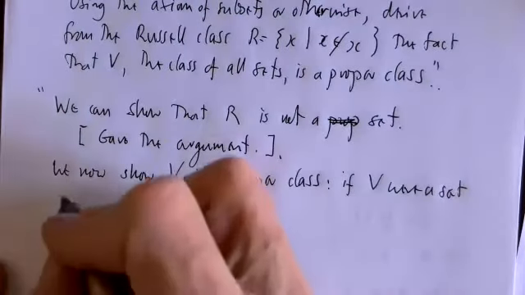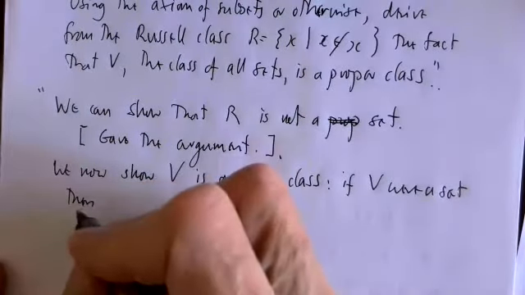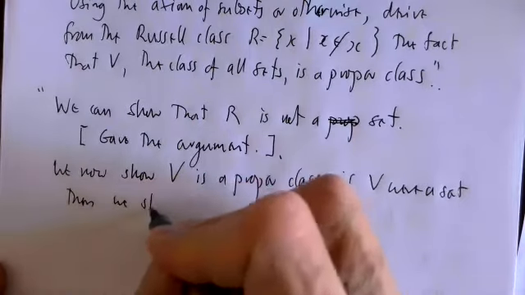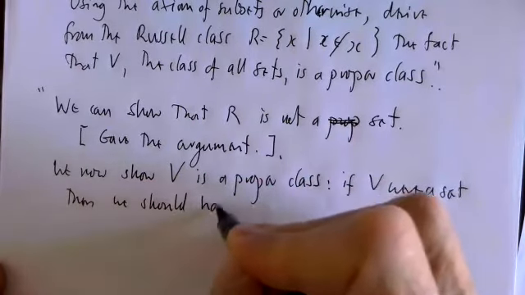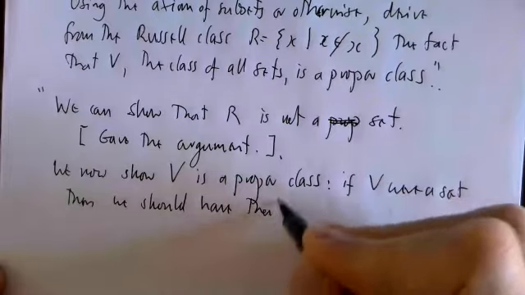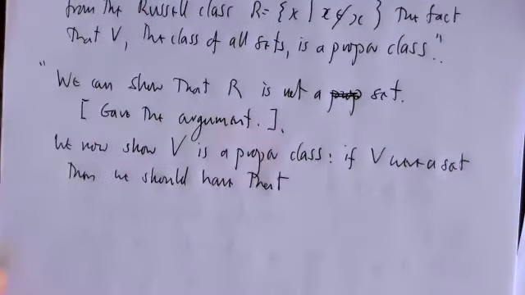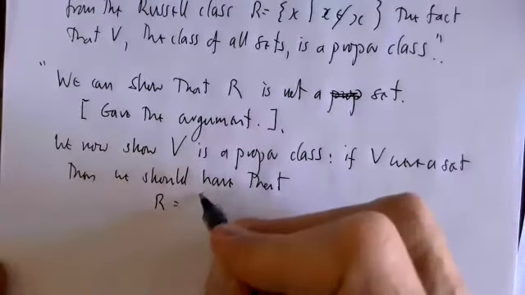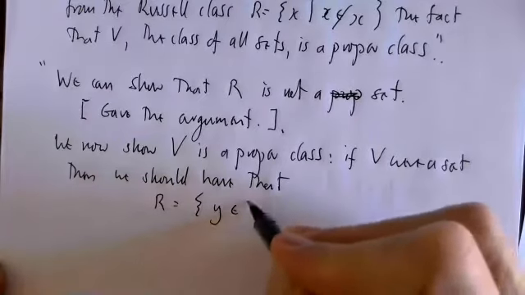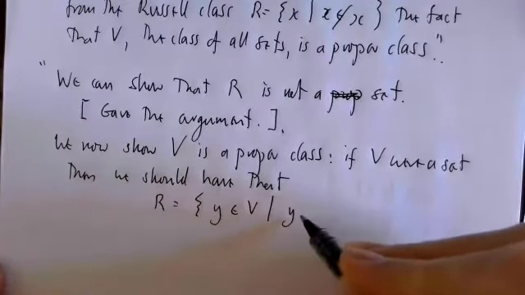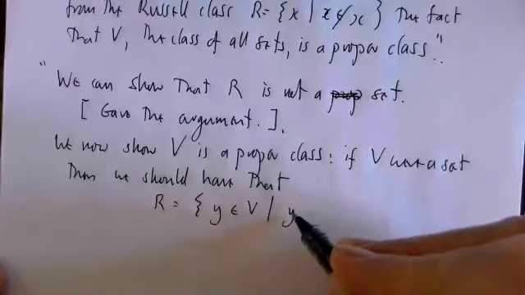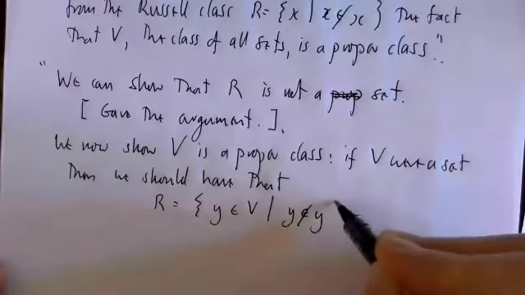If V were a set, then we should have that R is the collection of y in V such that y is not a member of y.